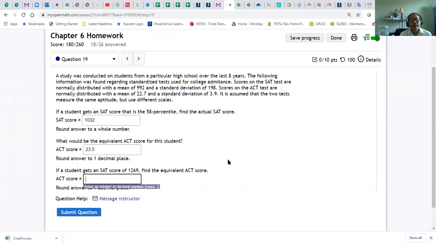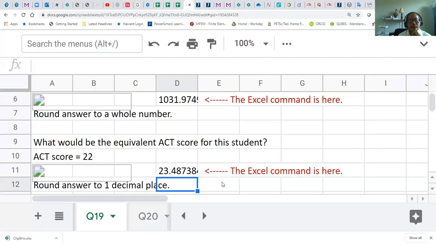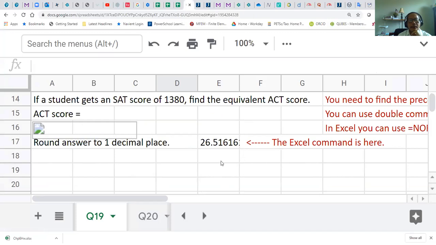If you have this score, what is the equivalent for the ACT? For part C, it's down here, right?